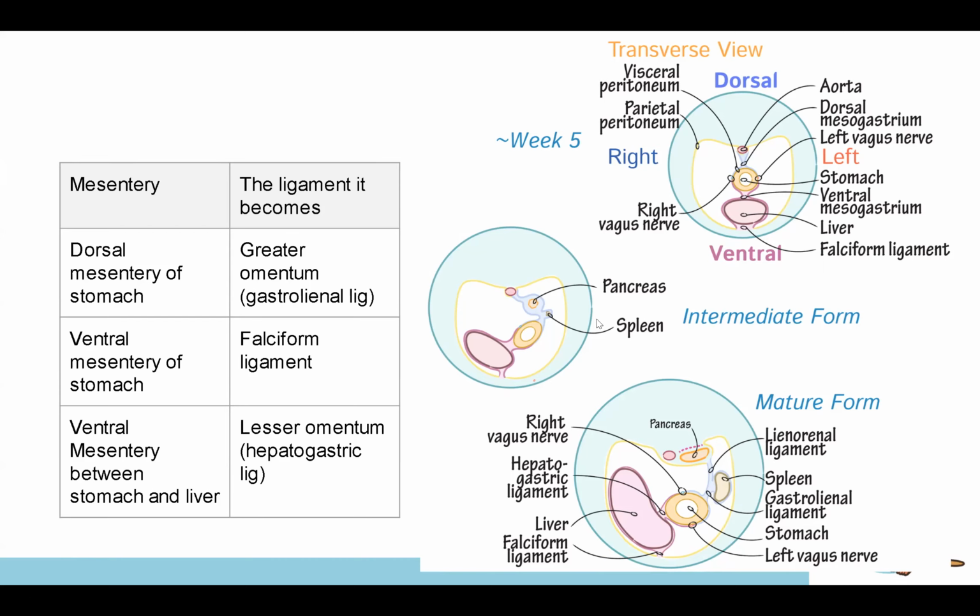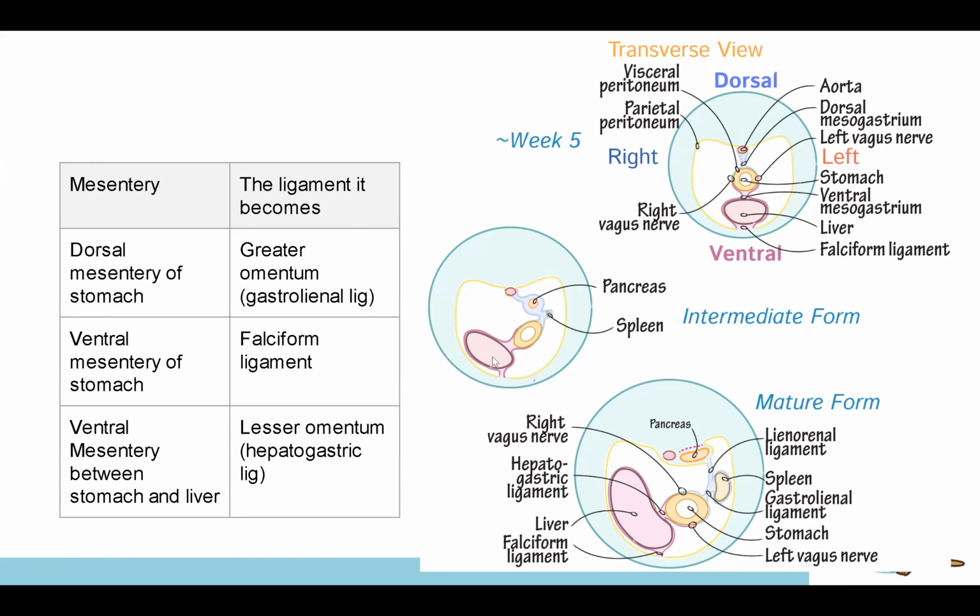So this diagram is also good to discuss what happens to the liver and how the organs end up going from midline, sort of here, to the mature form where you have the liver on the right and the spleen on the left. Sorry, I sometimes get confused. So see here, the liver sort of drives all the positioning in the abdomen.